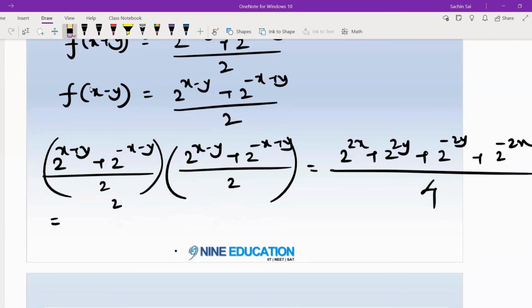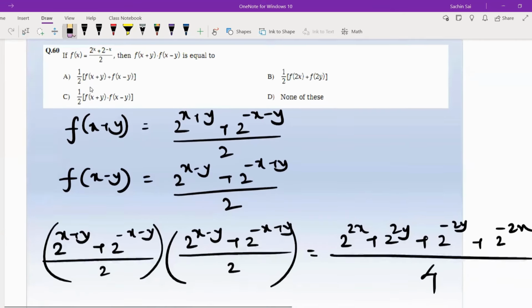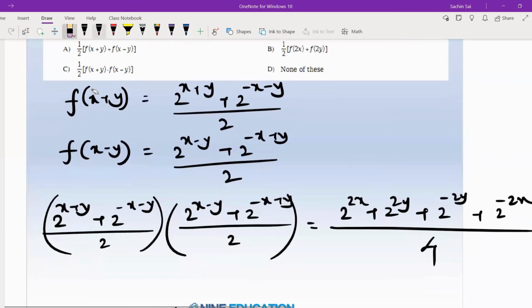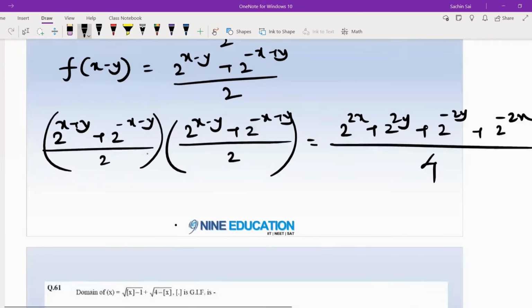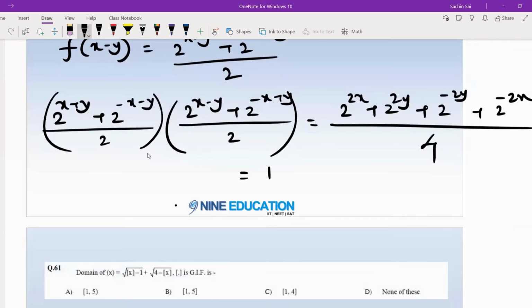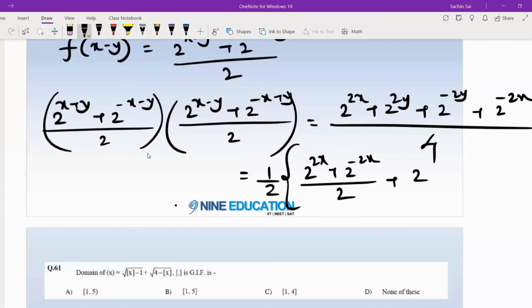always keep an eye on the options because you have to simplify the given expression into one of the four, right? So what I can do here is take 1 by 2 common first. And the remaining expression I can write as (2 power 2x plus 2 power minus 2x) by 2 plus (2 power 2y plus 2 power minus 2y) by 2.